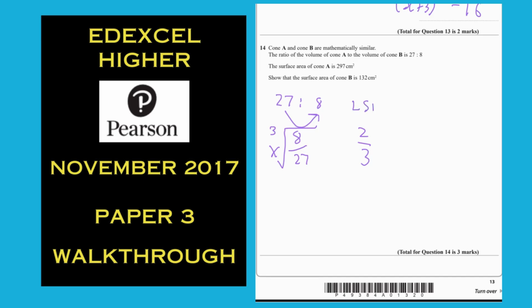But now you've got the linear scale factor, it goes on to surface area. So we want the area scale factor. You must square it.